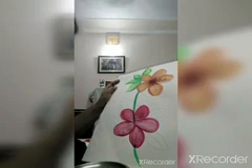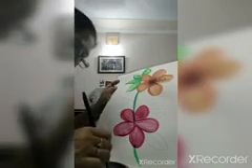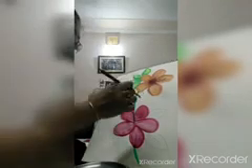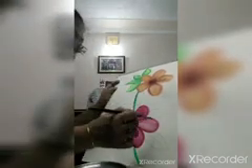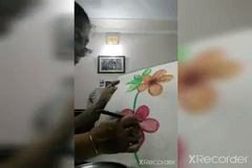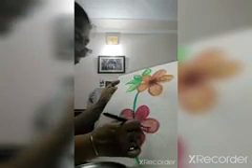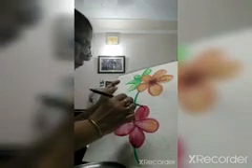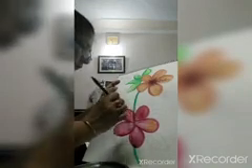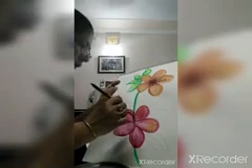Next step is we will give light shades of the flower. So giving light effects, we will use little bit lemon yellow color, from upper side of the flower.